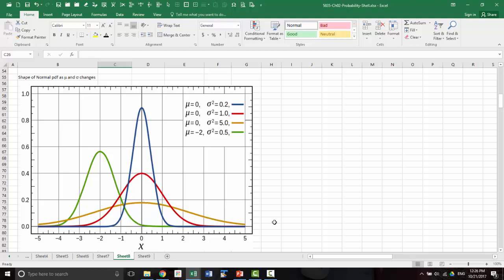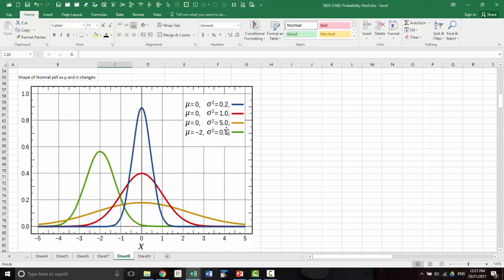That's obvious. Now what about the standard deviation sigma or variance sigma squared? The variance directly represents how flat or how peaked the distribution is. The smaller the value of the variance, the more peaked the distribution will be. The larger the value of the variance, the more spread out.